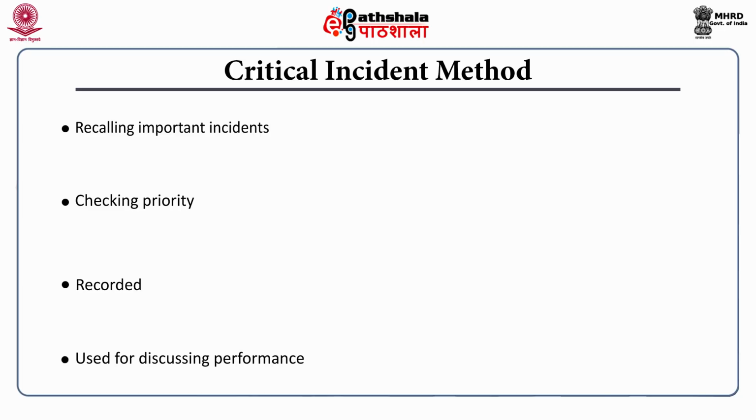The time for discussion is predetermined. This method provides a basis on which a manager can explain the assignment of good or poor rating. This method also helps in identifying the deficient areas of performance where improvement could be suggested. As this method does not use any numerical rating, it is difficult to compare the performance of different employees.